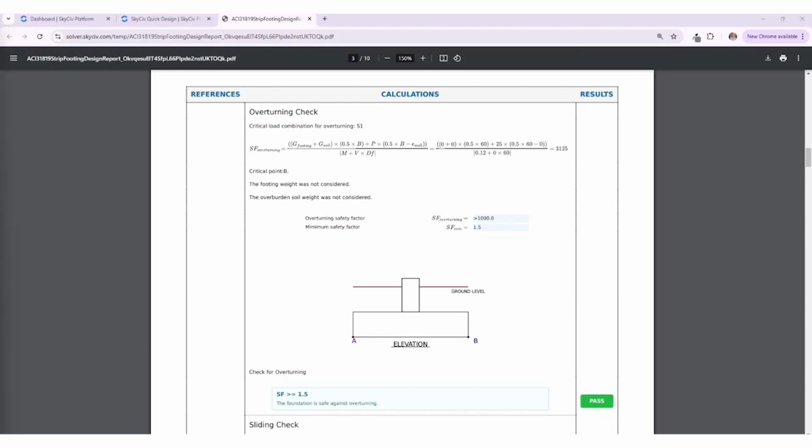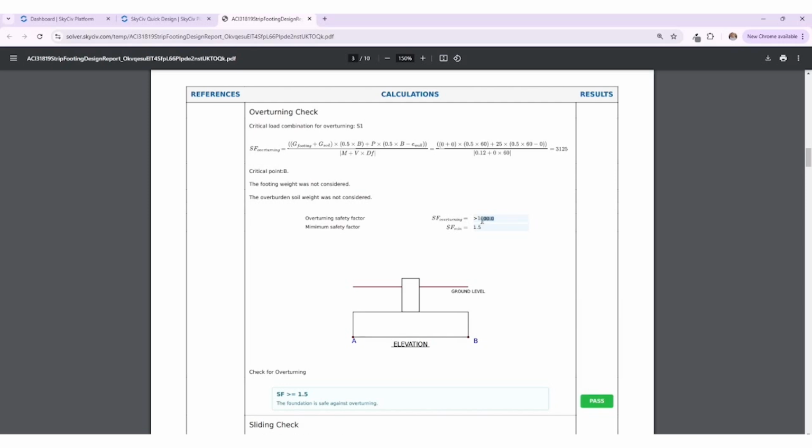This overturning check is important because if overturning safety is too low, the footing may fail under lateral loads. The calculator has the user input the minimum overturning safety factor and checks it against the overturning safety factor. As you can see in this calculation, for the overturning safety factor, we get 3,125.